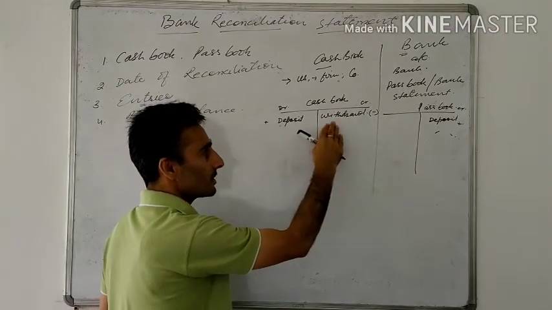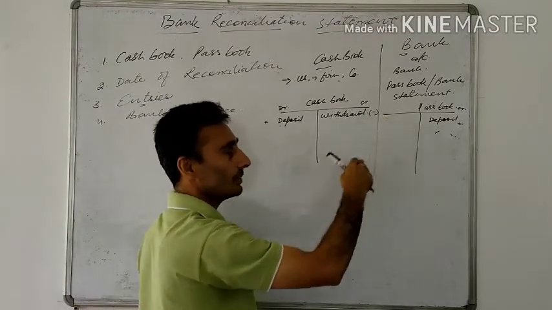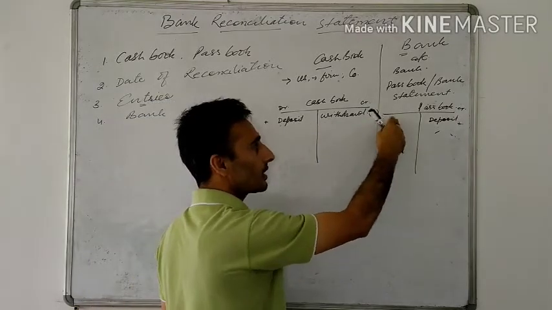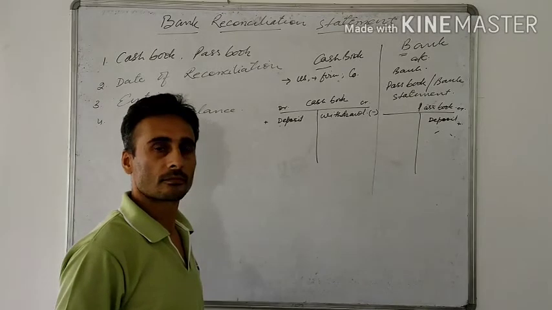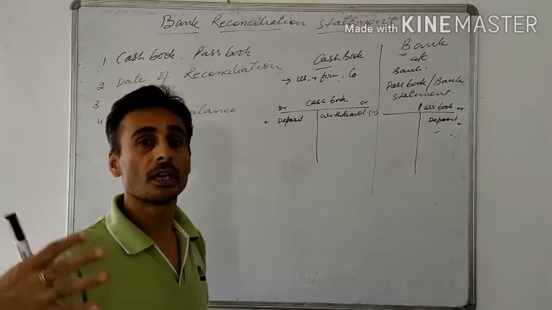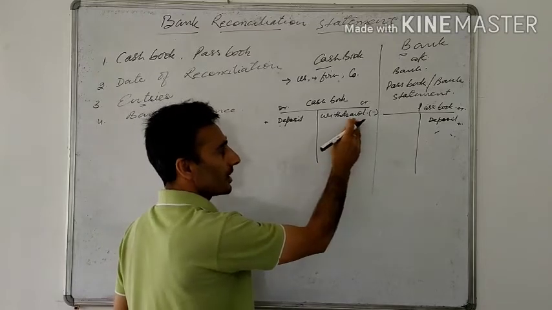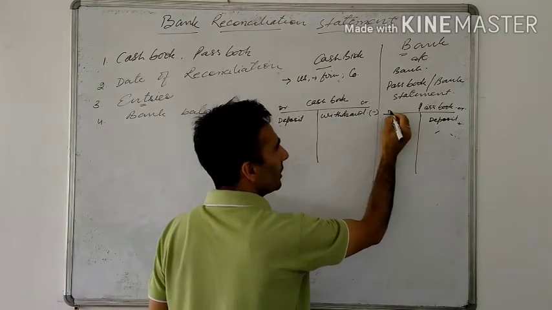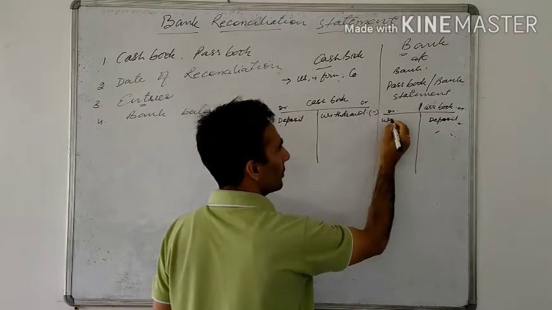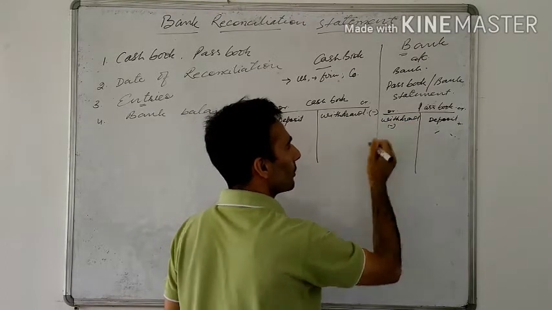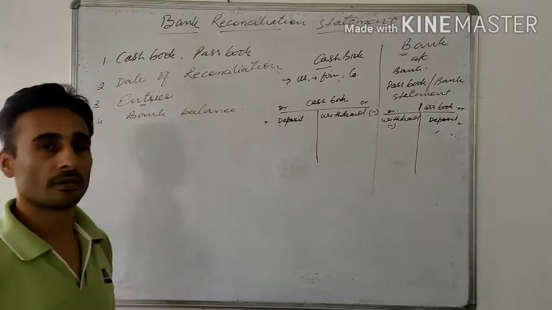Now the same entry will also be there in the bank account, because this is a withdrawal made by check. So this is on the credit side in the cash book, and this entry will be on the debit side of the passbook. So withdrawal.